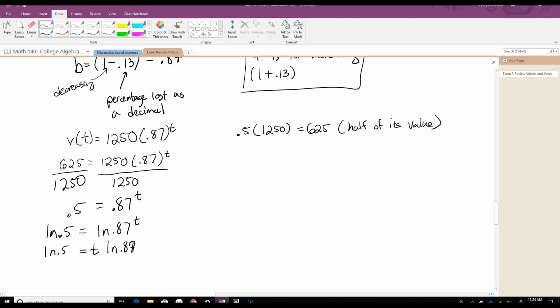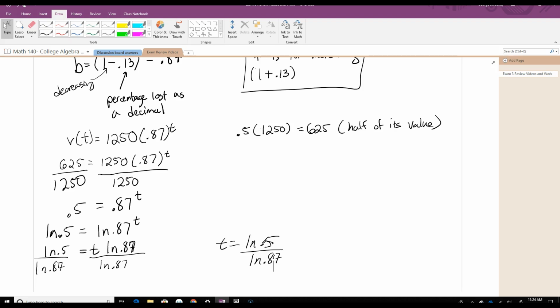Then I'm going to divide by the natural log of 0.87. That means t is going to equal the natural log of 0.5 over the natural log of 0.87.